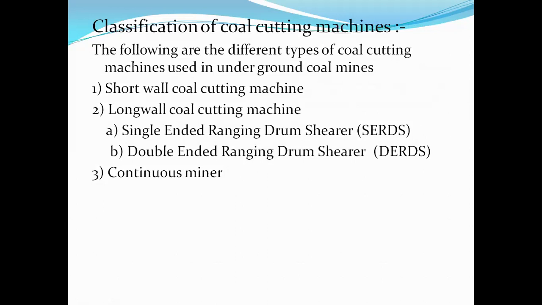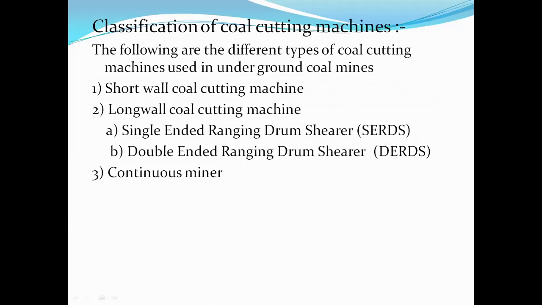So with the use of the coal cutting machine, we can say it is a kind of continuous method of extraction or machine mining method of extraction. Instead of the conventional way, you are using machines to extract the coal.